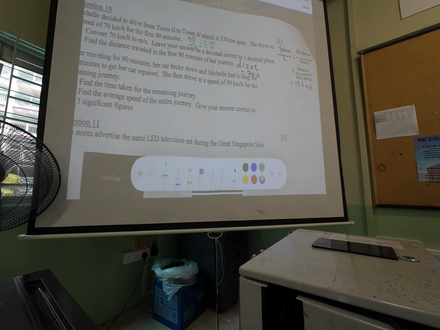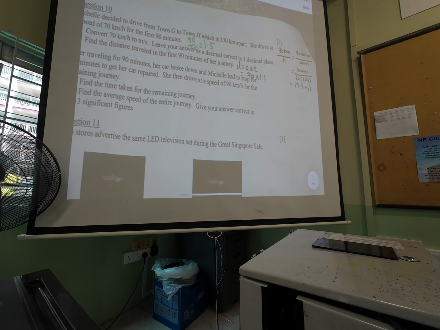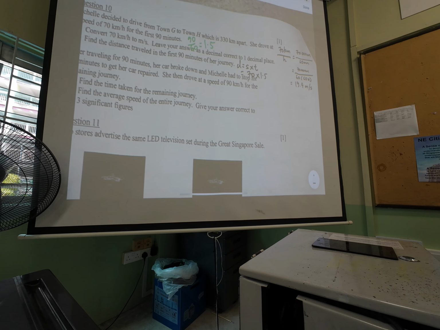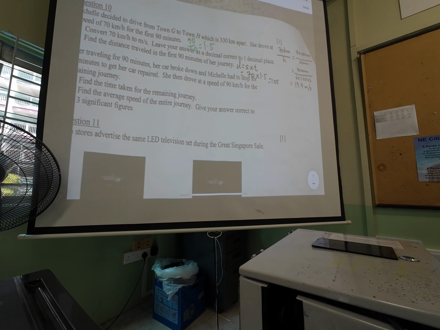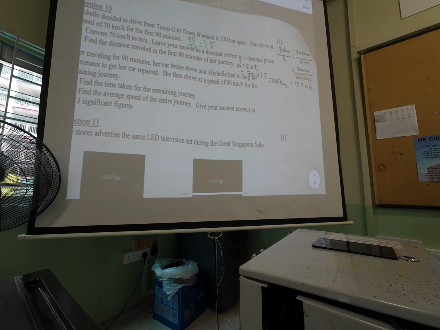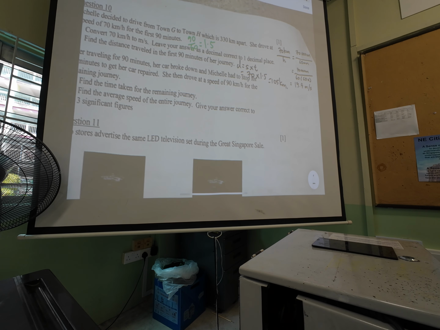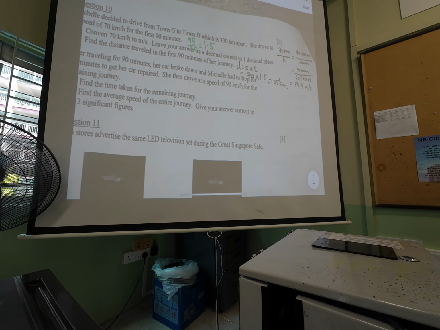So when I multiply, 1.5 hour times 70 kilometer per hour, then I will have 105 kilometer. So in the first 90 minutes, she traveled 105 kilometers. This is my answer.